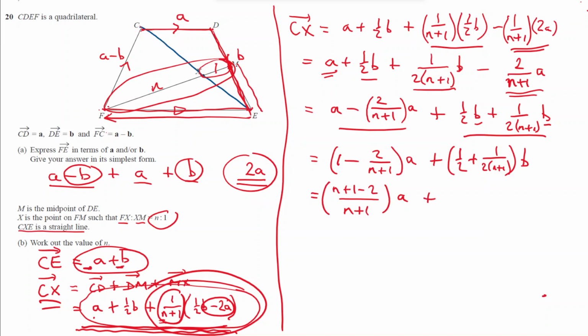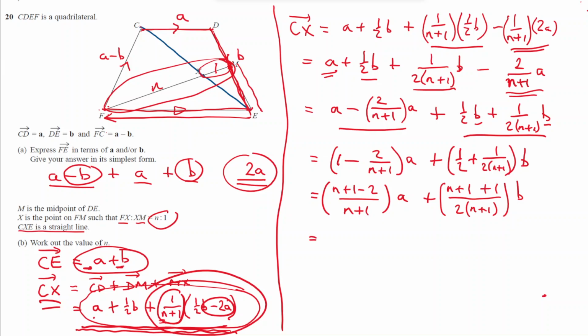Again, let's make a common denominator here. Just double check my working. Yep, okay, so this would be a common denominator of 2 brackets n plus 1. So this first term here would be n plus 1, and then the second term would also be plus 1, and that would be lots of b.